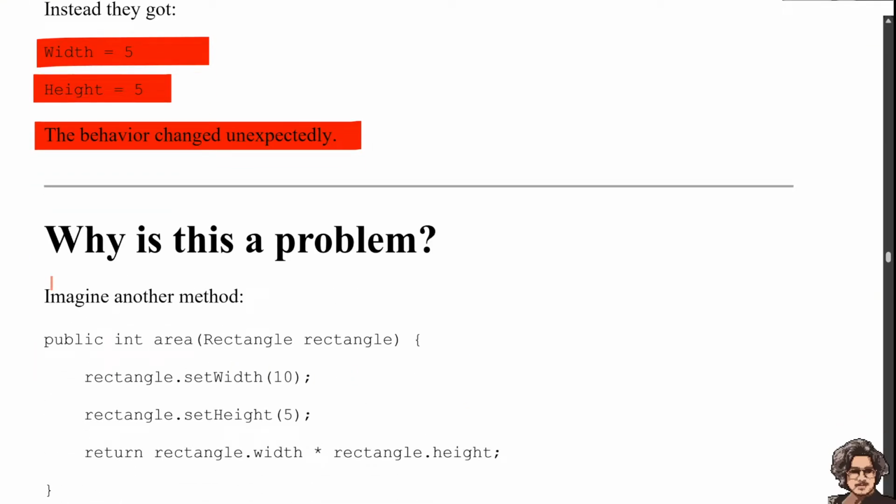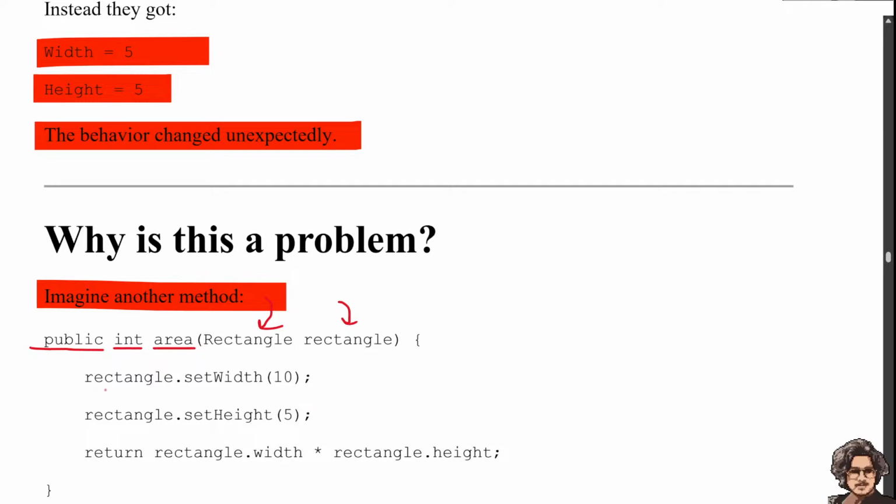Why does this problem occur? Imagine another method, we are talking about the area. So we can say public int area, which takes a Rectangle, and we pass this object.